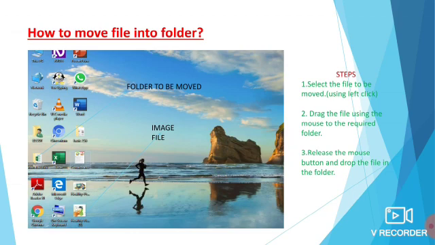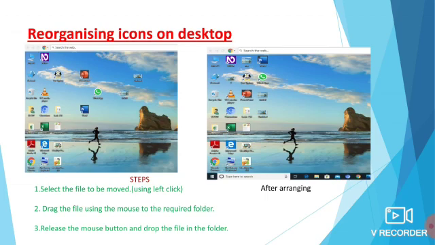The folder name should be related to the file which you are saving. So this is my folder, and I have given my name. Then I have moved the file into my folder. Okay children, next, you can see in the first picture the icons are scattered here and there.